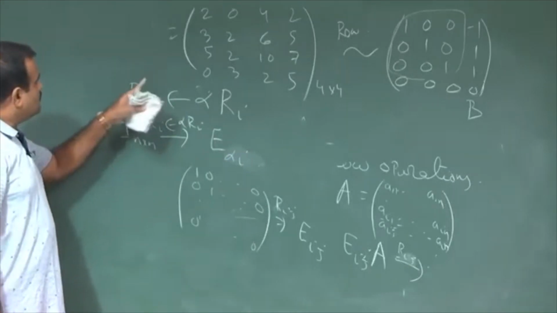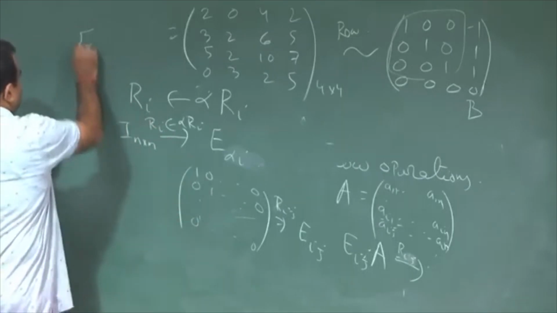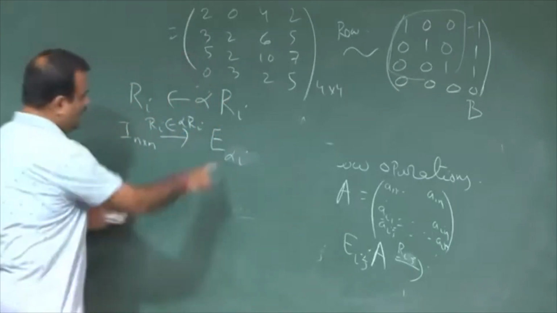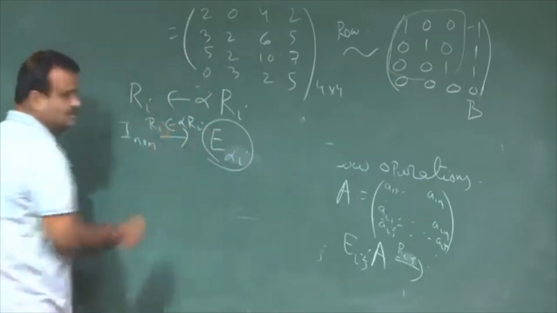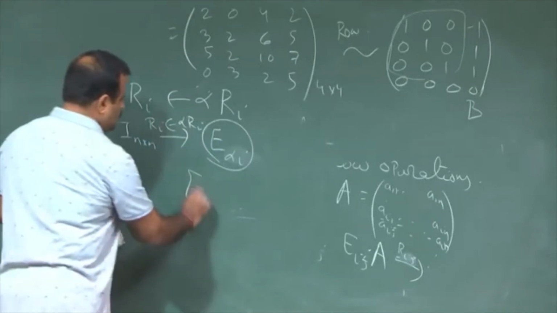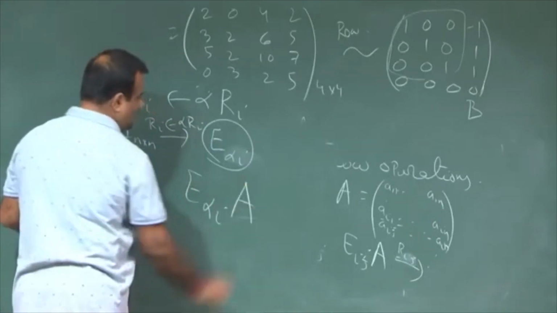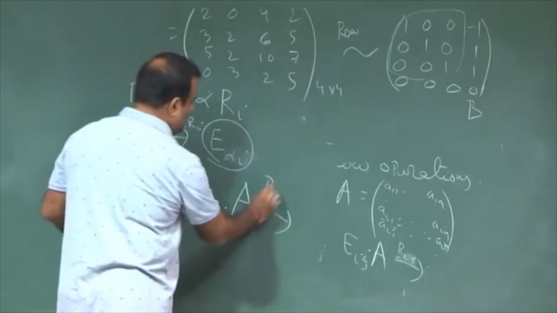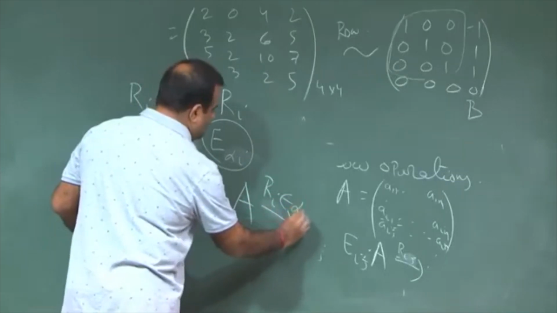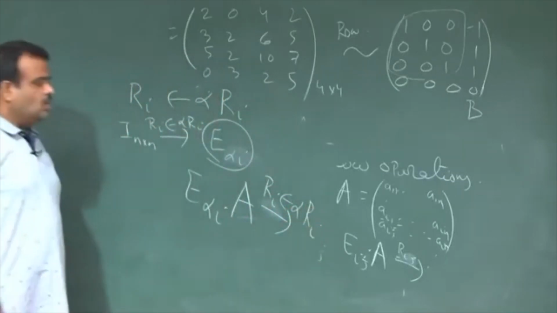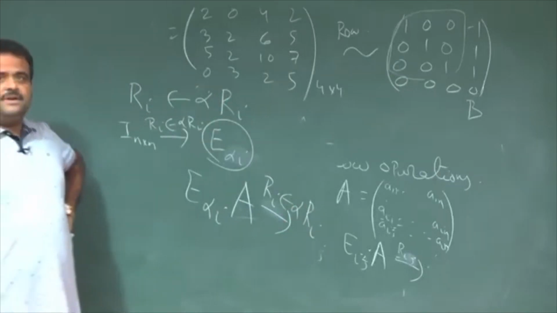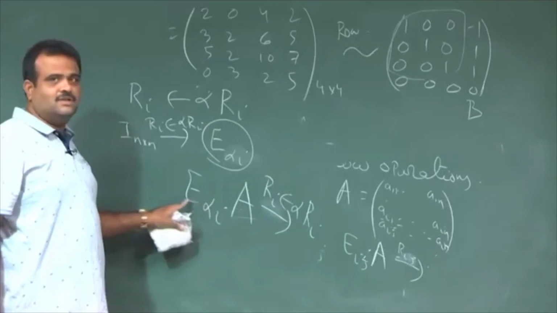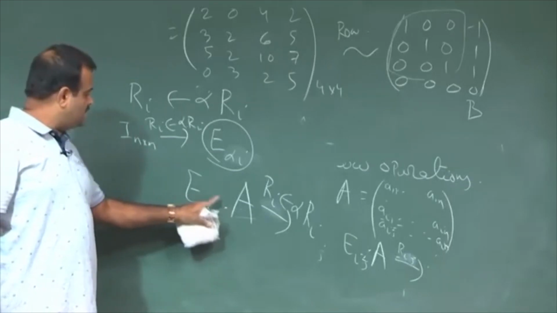Now, doing this operation on A is the same as multiplying this elementary matrix, corresponding to the elementary operation, with A, and that will give us the operation R_i going to alpha R_i. So, doing an elementary row operation is nothing but multiplying this elementary matrix with the matrix A in the prefix way.